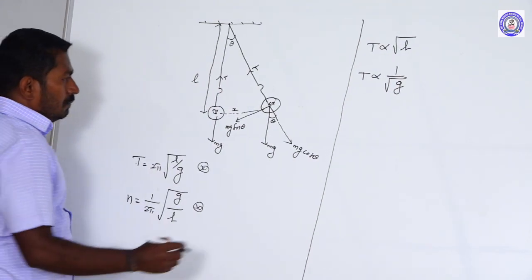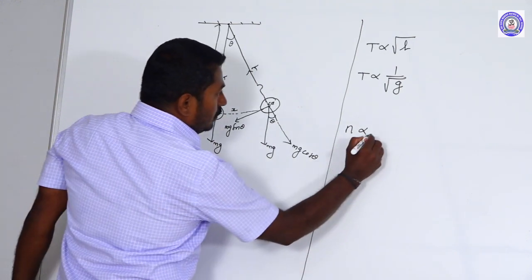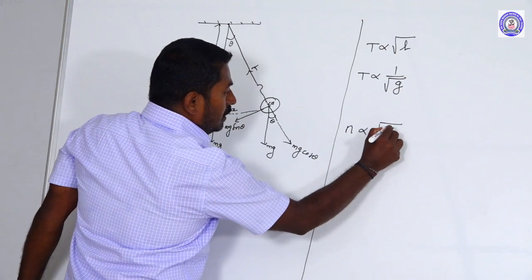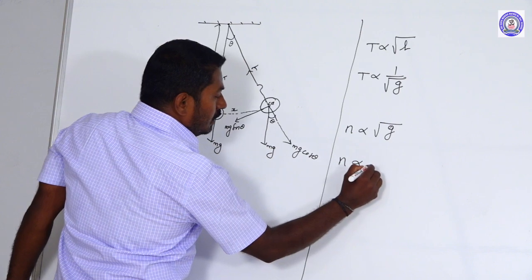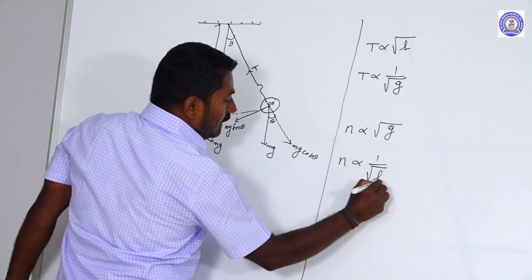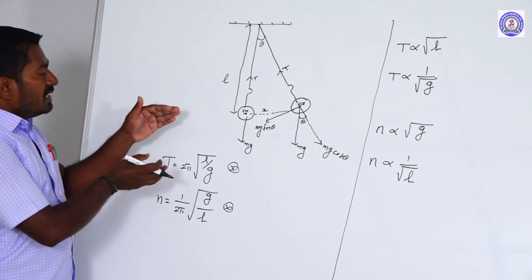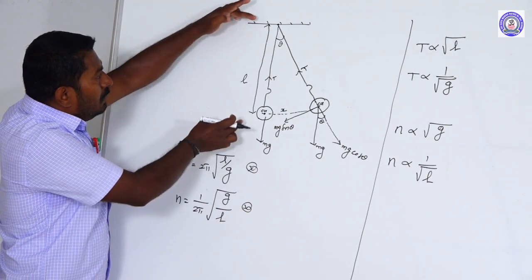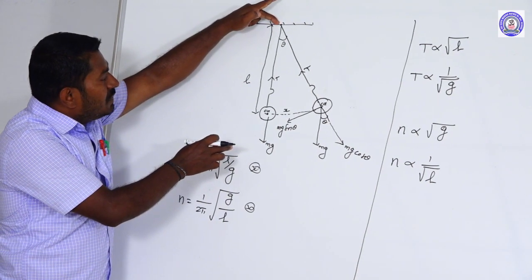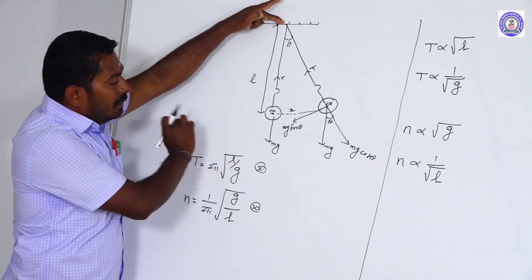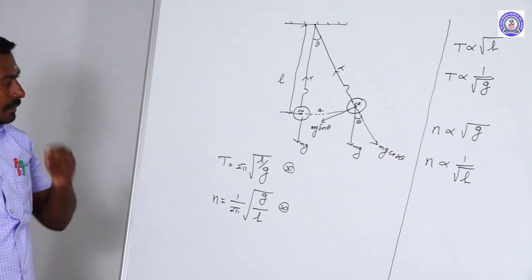The frequency of a simple pendulum is directly proportional to the square root of the acceleration due to gravity, and the frequency is inversely proportional to the square root of the length of the simple pendulum. In the simple pendulum experiment, the length is always measured between the point of suspension of the string and the center of gravity of the metallic bar. Keep it in your mind. This distance is called the length of the simple pendulum.